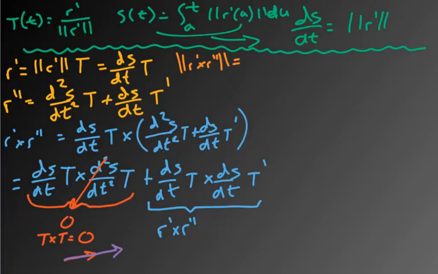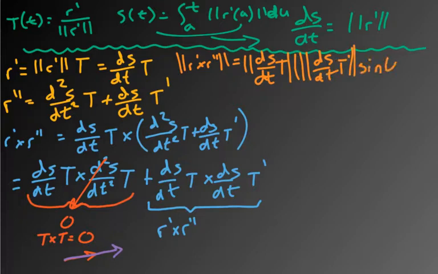If you use that sine formula, it would work out to the magnitude of the first vector, ds dt, times the magnitude of the second vector, ds dt t prime, times the sine of the angle between them. This is literally the formula for the magnitude of a cross product.